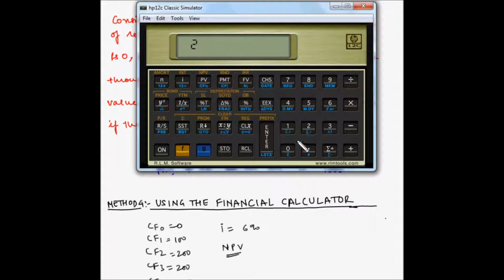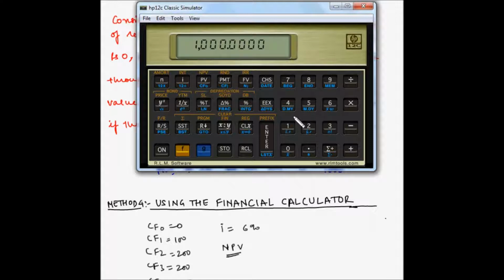Again 200, CFJ, 200, CFJ. The next cash flow amount is 0, G, and then CFJ, and the last one is 1000, G, and then CFJ. So we have now entered all the cash flow amounts in the chronological order.